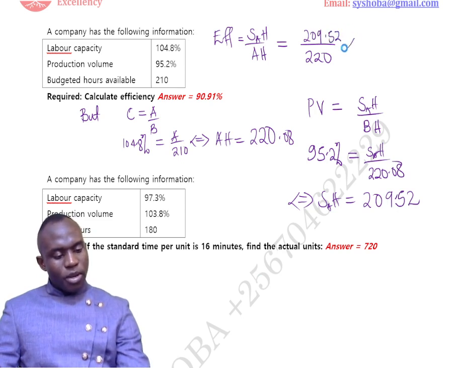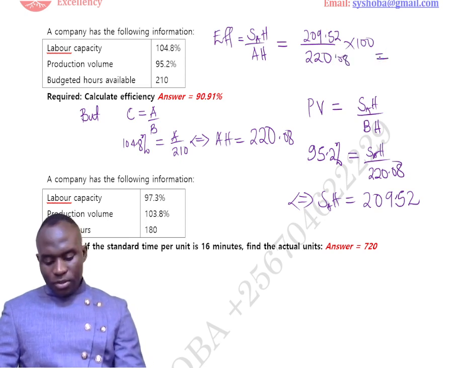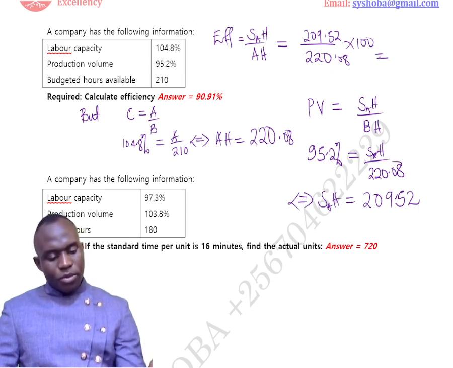So we put 209.52 times 100, and our answer is, so it is 209.52 divided by 220.08 times 100.